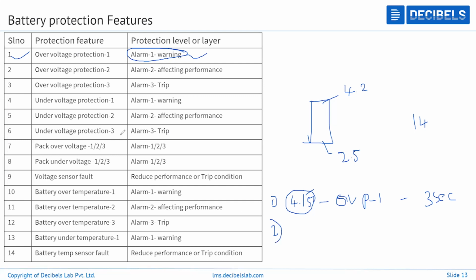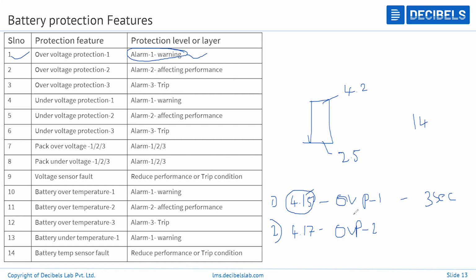At the second level, over voltage protection 2, I will keep the value as 4.17. I'm just taking random values right now. Despite this warning, if the voltage reaches 4.17, it is going to affect the performance.